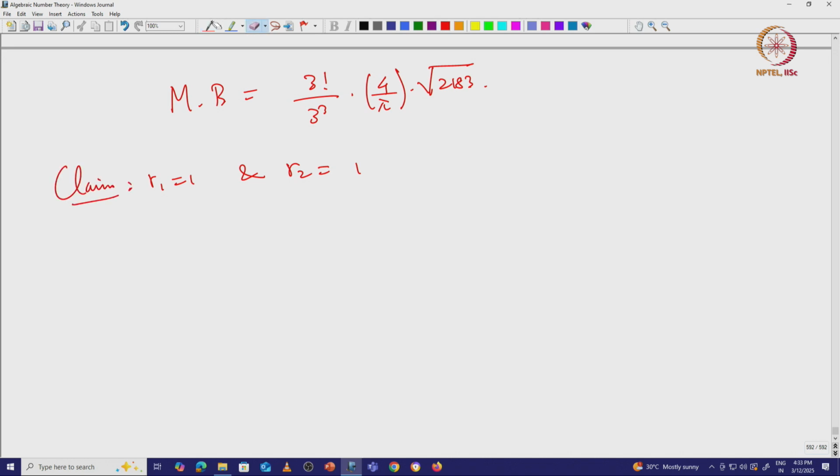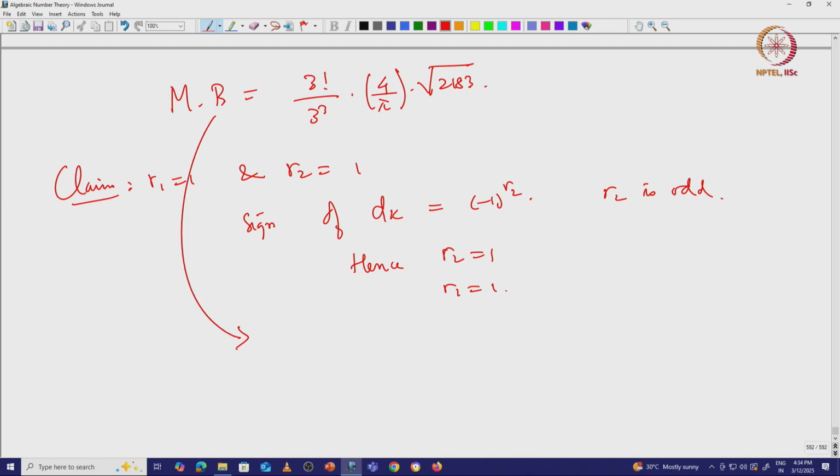You see that the sign of d_K is minus 1 to the R2, and so R2 is odd, and the only way this can happen is, hence, R2 is 1 and R1 is 1. Okay, so the Minkowski bound is then, you can show, less than 14.